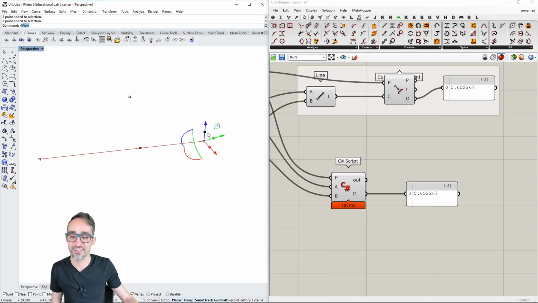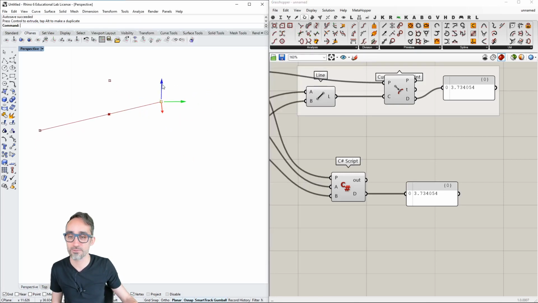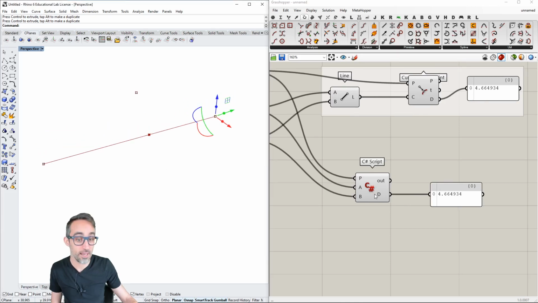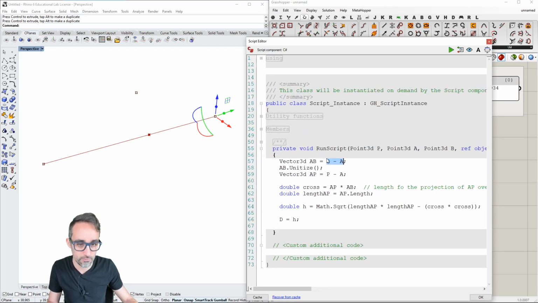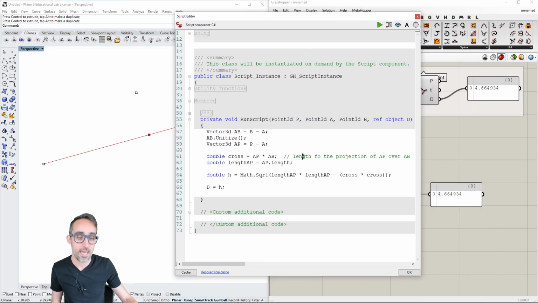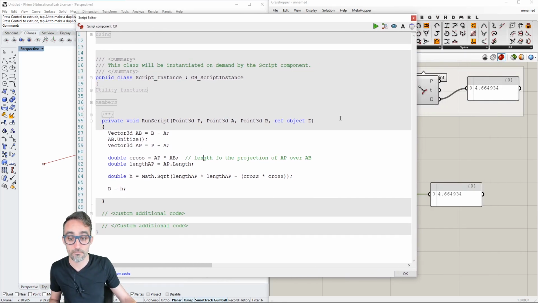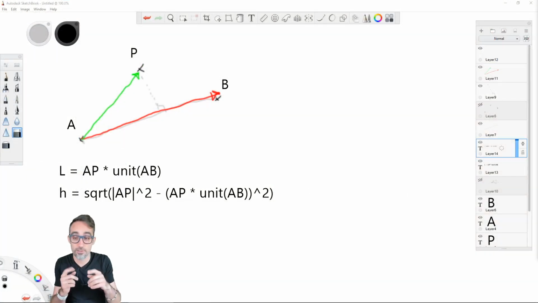We can move these points around, and we have the straight distance between point P and the line formed between the two points A and B. We did that with very simple vector algebra, only doing some trigonometry and understanding the relationships between those two vectors and their right triangle in space, and also with a little bit of the aid of the dot product properties.